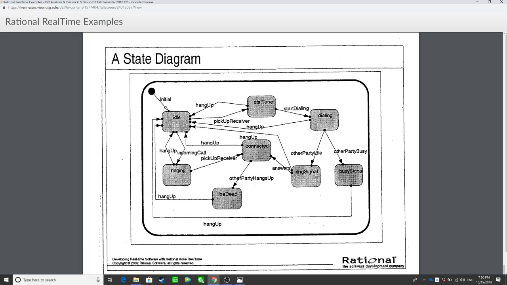And also, let's go on to when you are in dialing state. If the other party is idle, you're gonna hear this kind of ringing sound. It's kind of an old example. If you're using a cell phone, it's still like that. Sometimes it's music, sometimes it's something else, but it's a ringing signal.